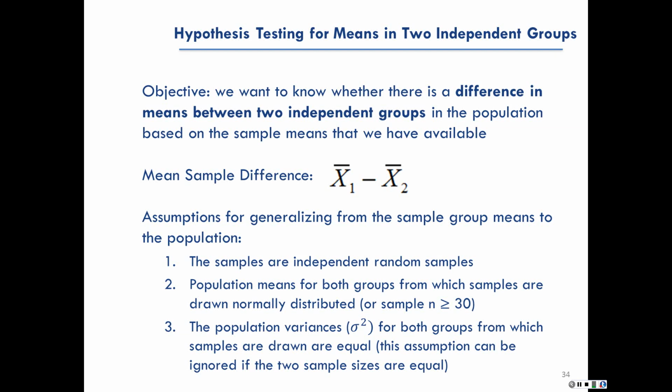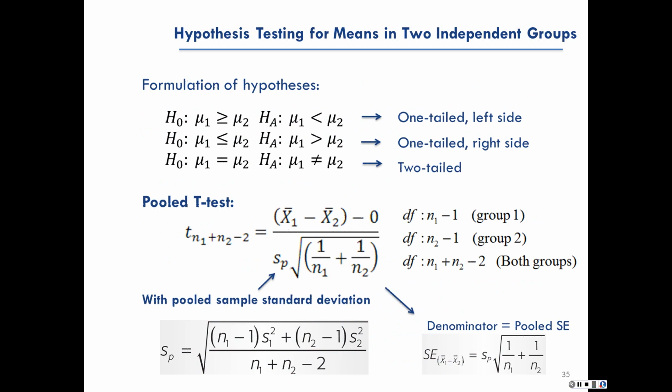And thirdly, that the population variances for both groups are equal. This assumption can be ignored if the 2 sample sizes are equal. But this third assumption is important, and we'll see why in a minute.